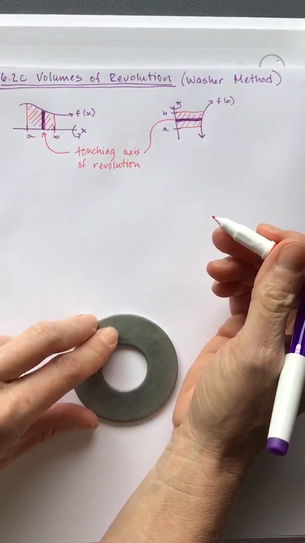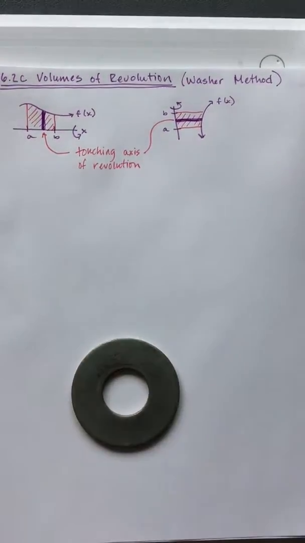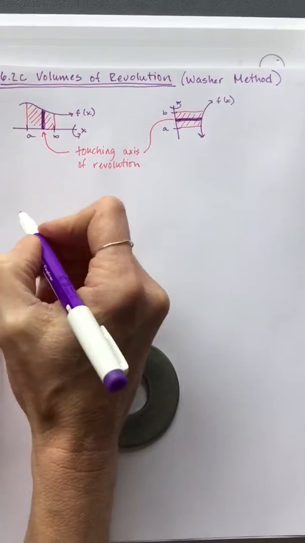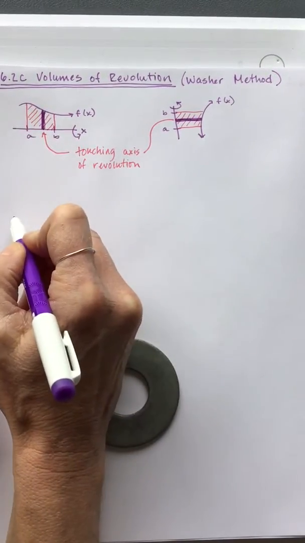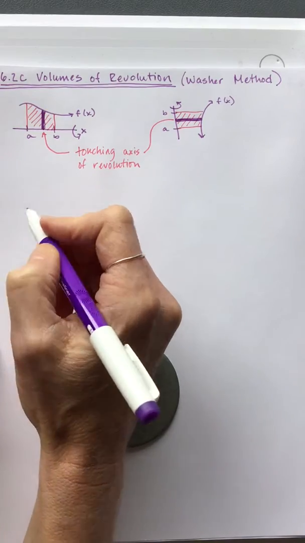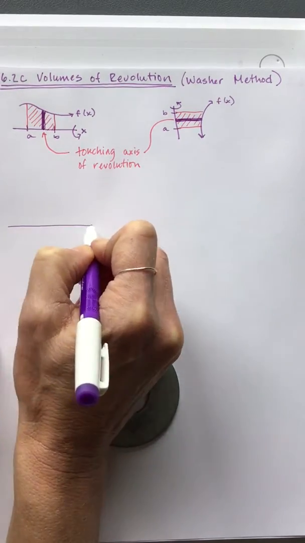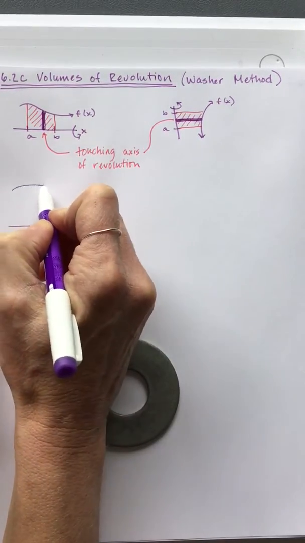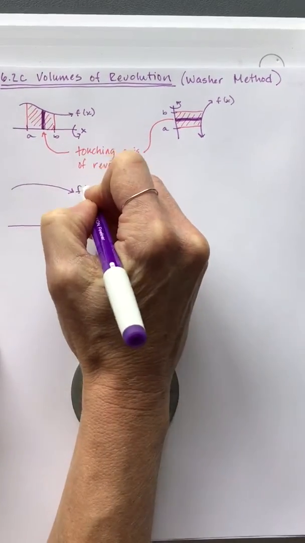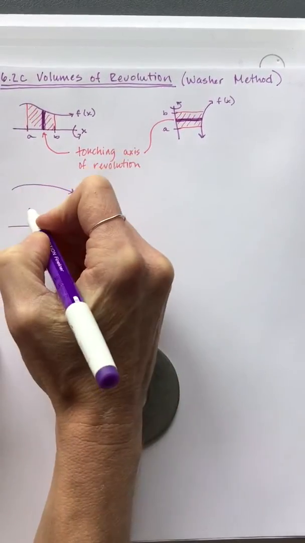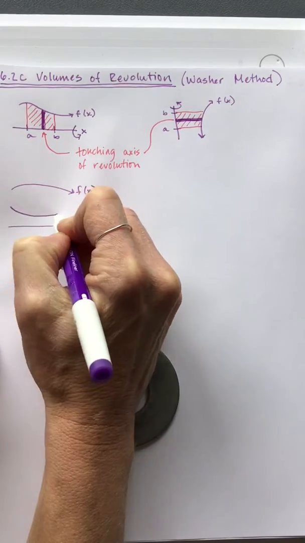Now, what we're going to do is take two different functions and rotate that area around an axis of revolution. So something like this. Let's say we have f of x and g of x.